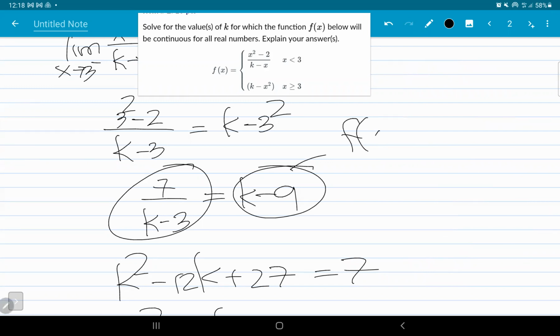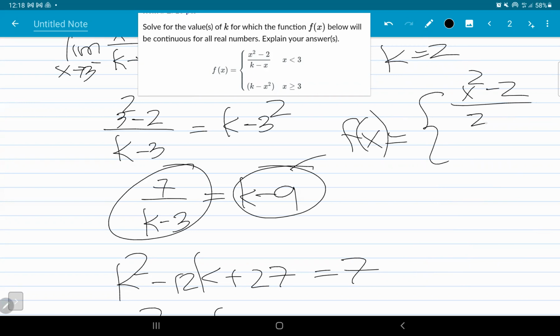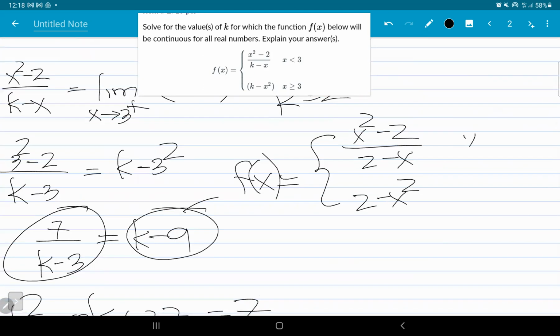Anyway, if you look at k equals 2, if you choose k equals 2, this is for less than 3, this is for greater than or equal to 3.